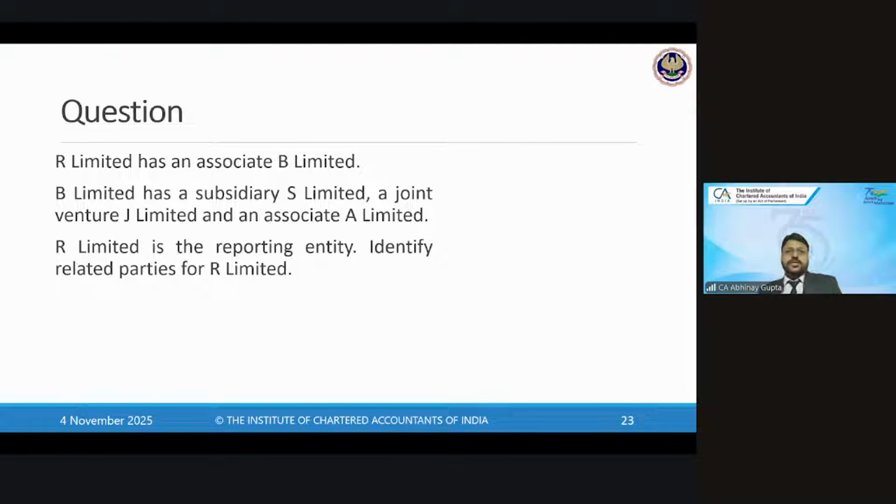R Limited has an associate B Limited. B Limited has a subsidiary S Limited. Joint venture J Limited has an associate A Limited. R Limited is the reporting entity. Identify the related parties for R Limited. So I'm just drawing a chart for your convenience and you will answer me. R Limited has an associate B Limited. B is the associate. B Limited has a subsidiary S Limited. This is the subsidiary.